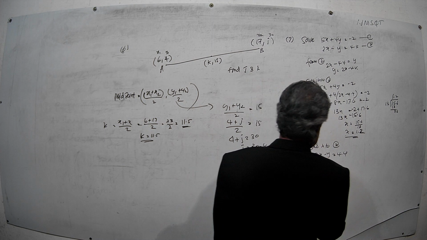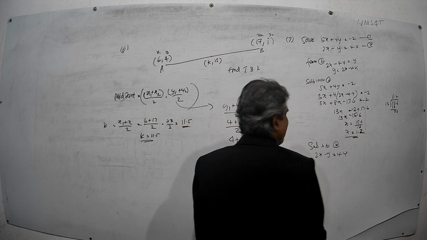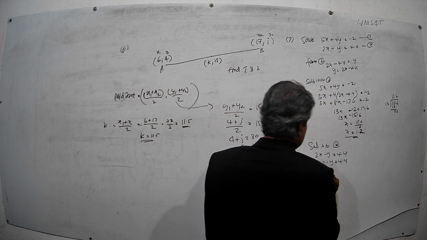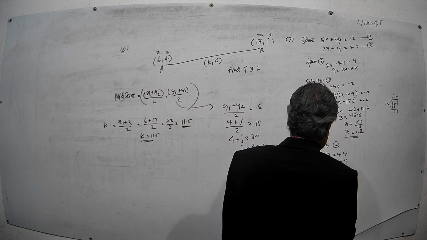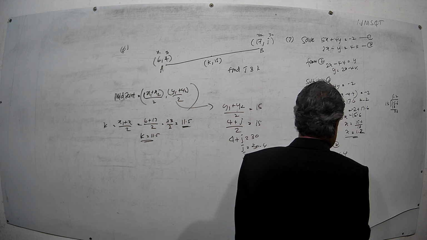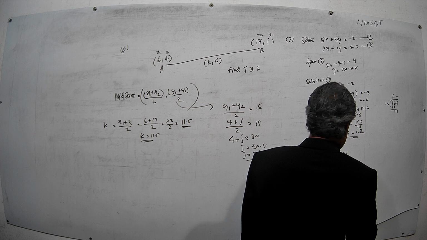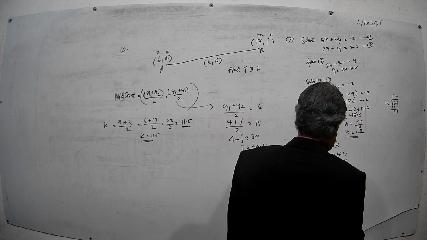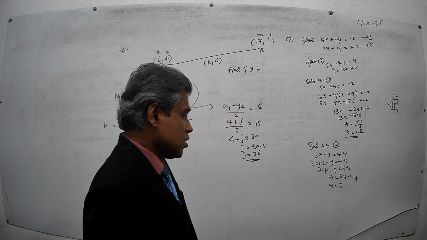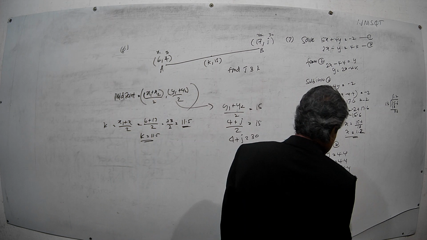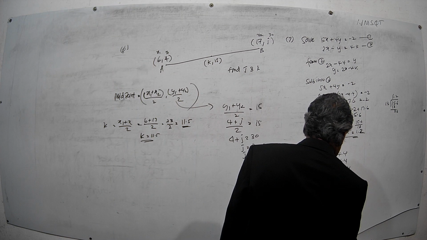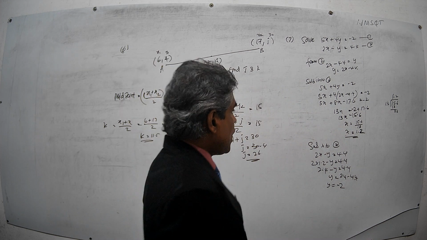The x value is 1.2, so 2 times 1.2 is 2.4. Then 2.4 minus y equals 4.4, so y equals 2.4 minus 4.4, which is minus 2. Y equals minus 2.